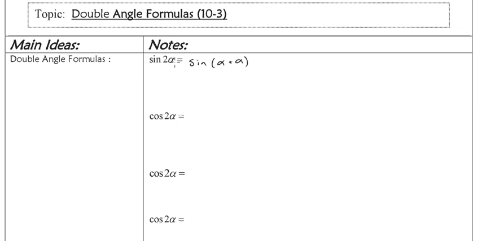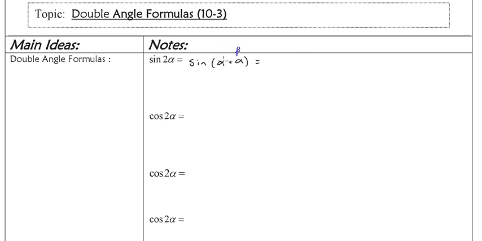Well, it's 2 times alpha. And hopefully, as soon as we write it that way, you realize exactly where we're heading. This is just going to be our angle sum identities. Instead of our beta like we've had before, our beta now is another alpha. So let's go ahead and write out what that will give us.